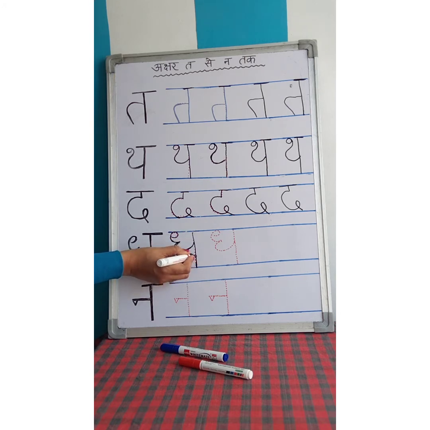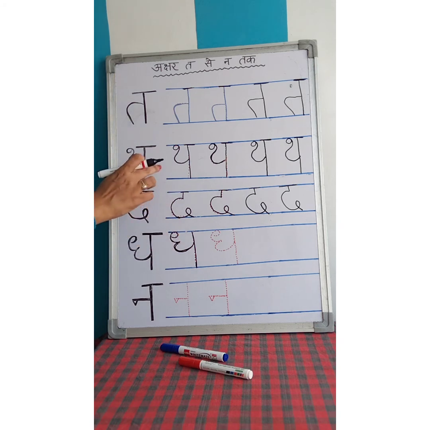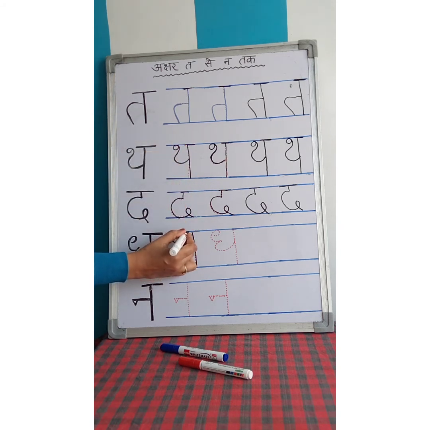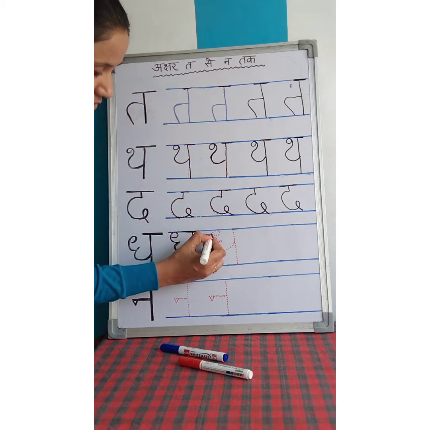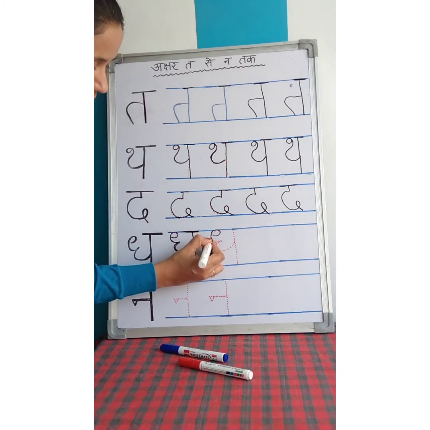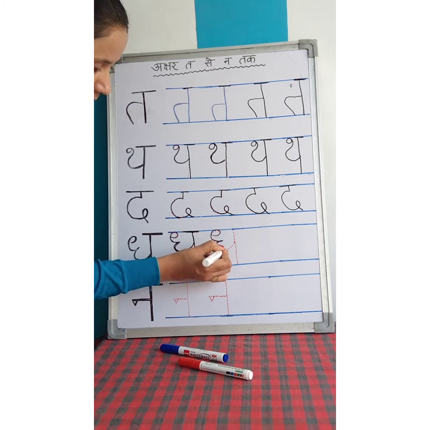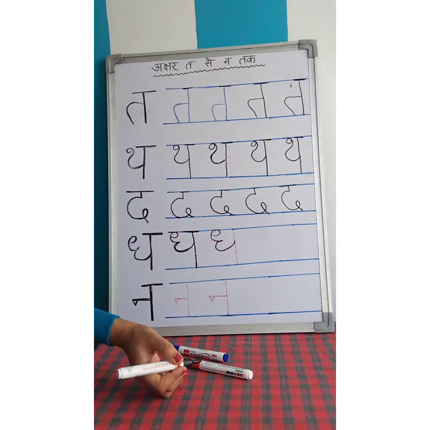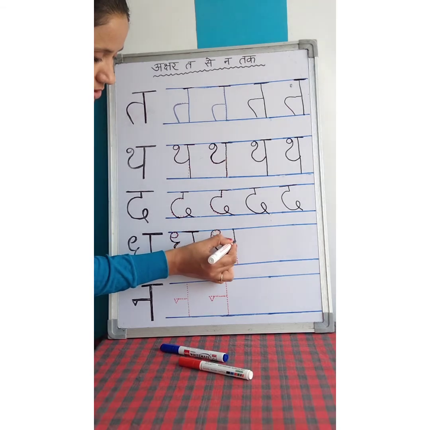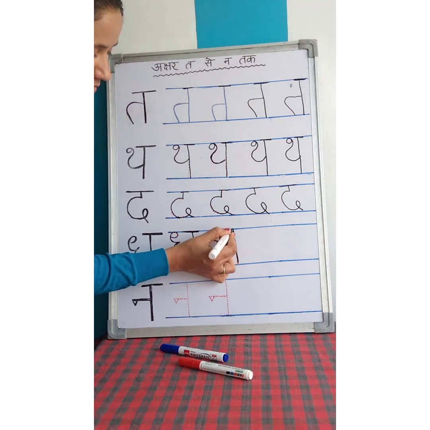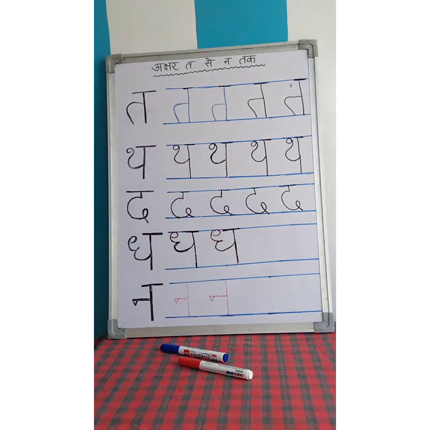Gha se ghar. घ से घर में जैसे हम लोगों ने ट्री जैसे टू कर्व लाइंस बनाए थे, वैसे ही इसमें भी बनेगा. और जो ओवरहेड स्लीपिंग लाइन है, that you will draw after the circle. You will not draw the sleeping line over the circle. Now see it once again. First we'll draw the circle, then the two curved lines, then the overhead sleeping line after the circle.